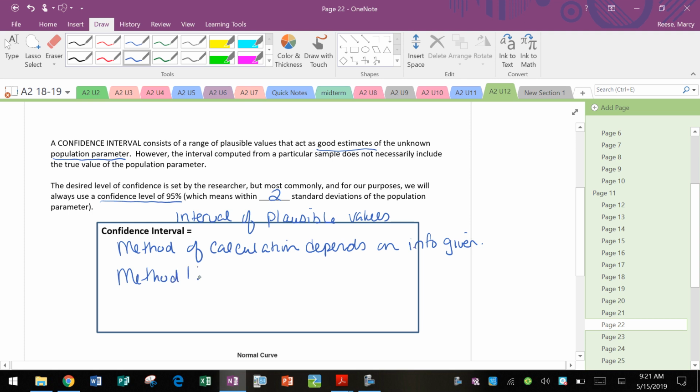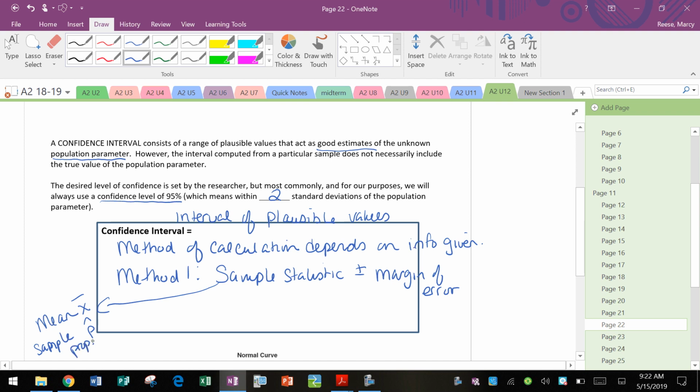So method 1 is where you take a sample statistic and you add or subtract it from the margin of error. Now, a sample statistic, by the way, could be the mean, right? Or p-hat, which is your sample proportion, right?